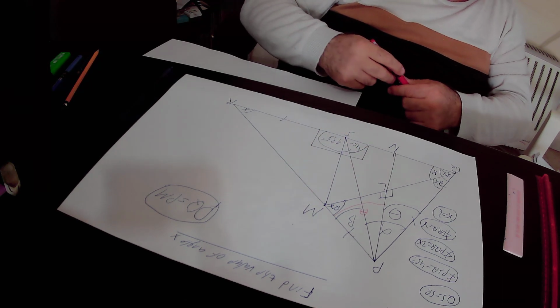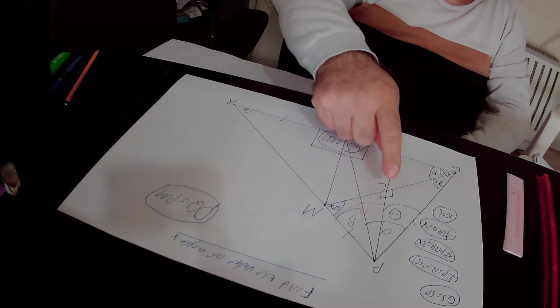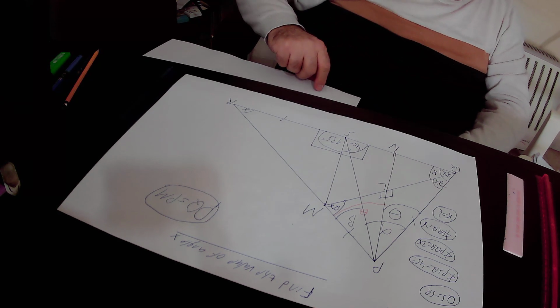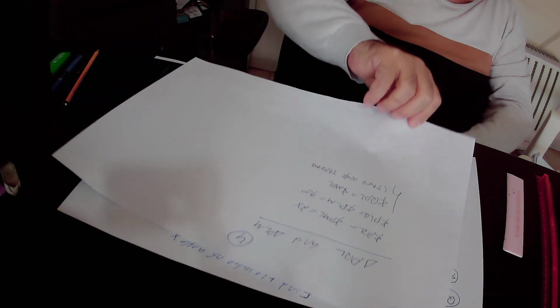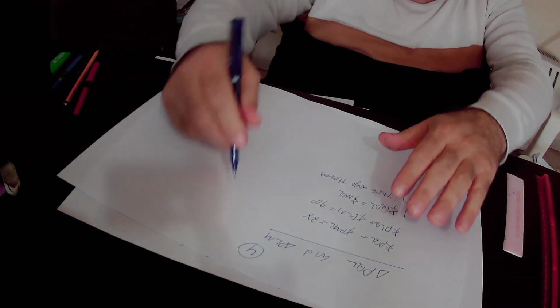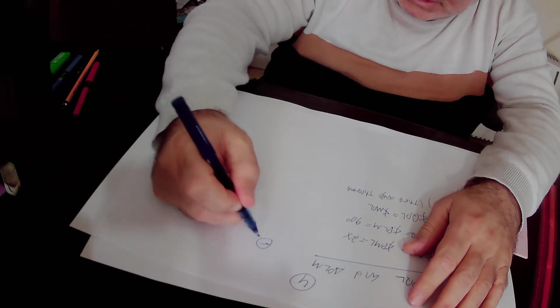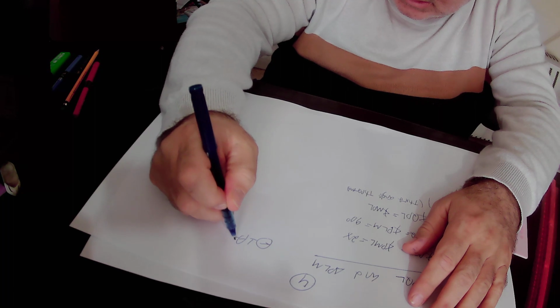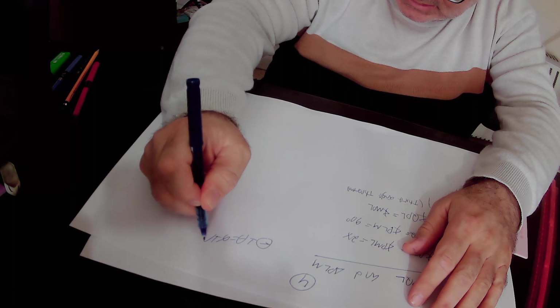So from this drawing, you can see that theta plus theta equals alpha plus beta. Again, from the drawing, you can see that theta plus theta equals alpha plus beta.